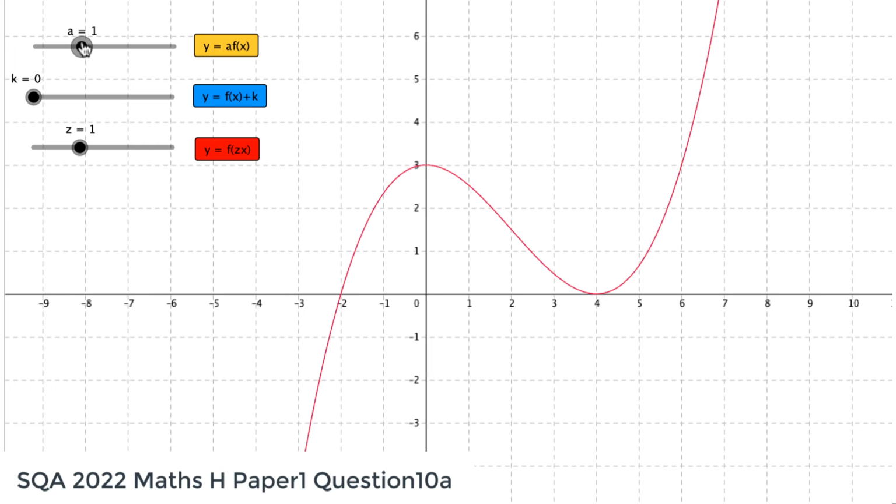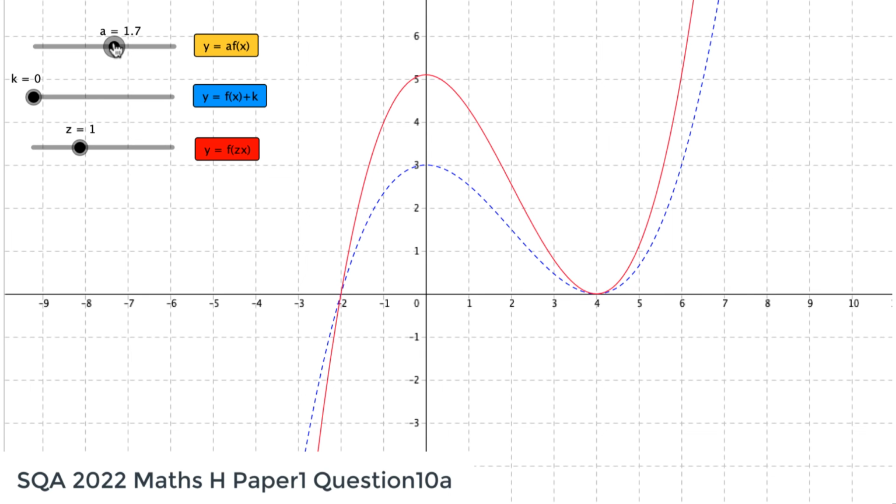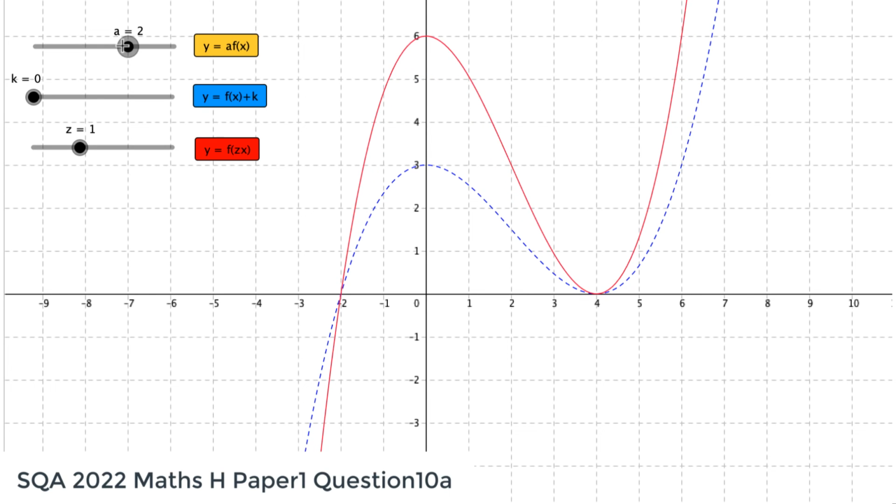Let's increase it. So we're now looking at, for instance, y equals 1.3 times f of x. That's the red graph. The original y equals f of x graph is shown in blue dotted line. So let's increase this up to a equals 2.